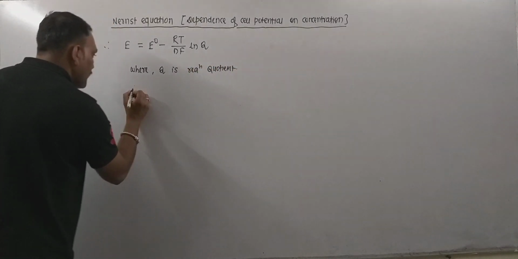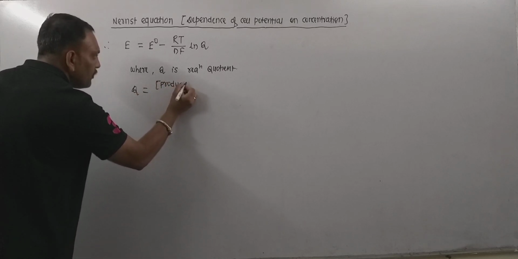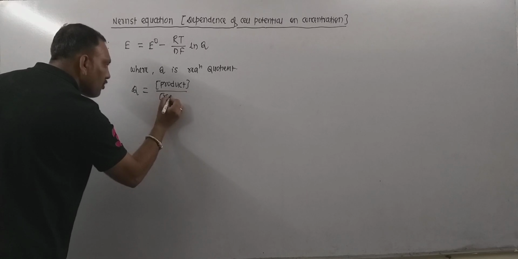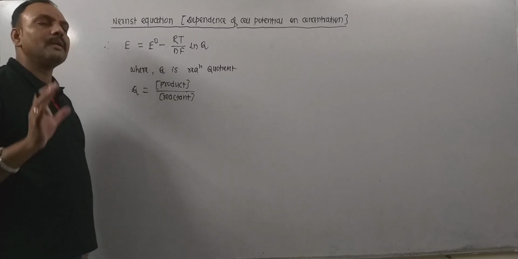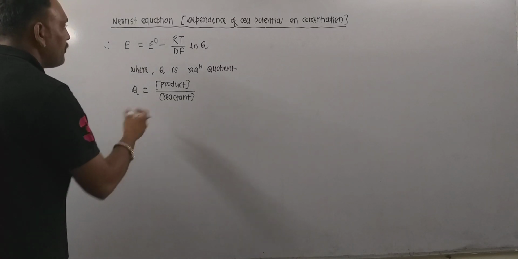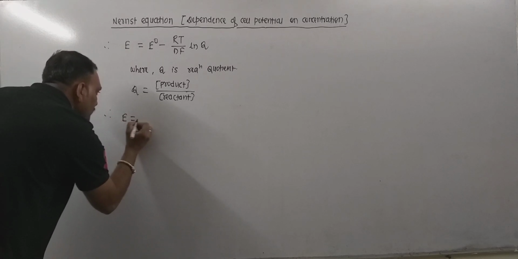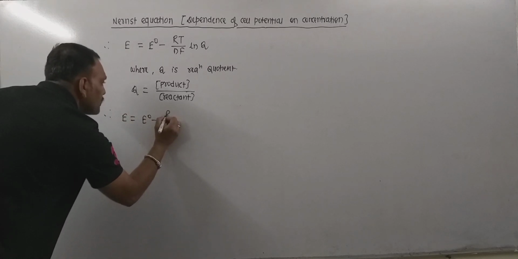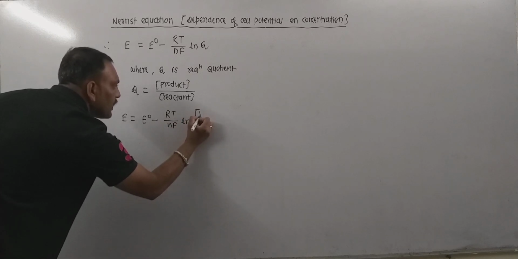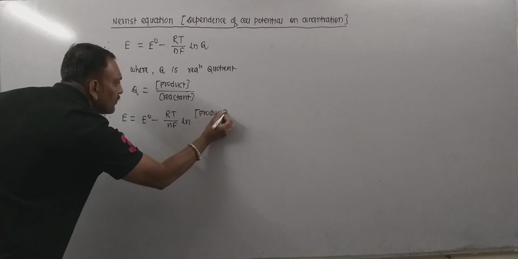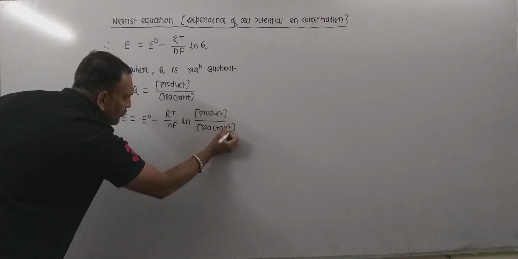Now Q can be given as Q equals concentration of product upon concentration of reactant when there is no equilibrium. So if we substitute this in the above equation, we get E is equal to E naught minus RT upon NF ln concentration of product upon concentration of reactant.